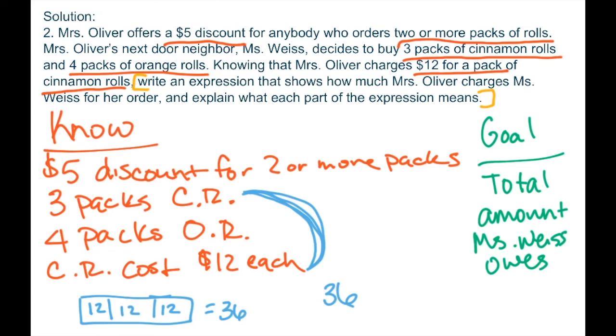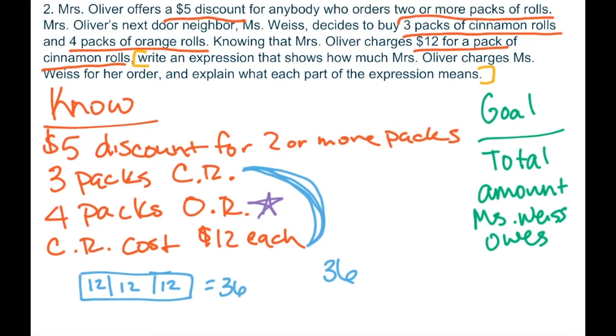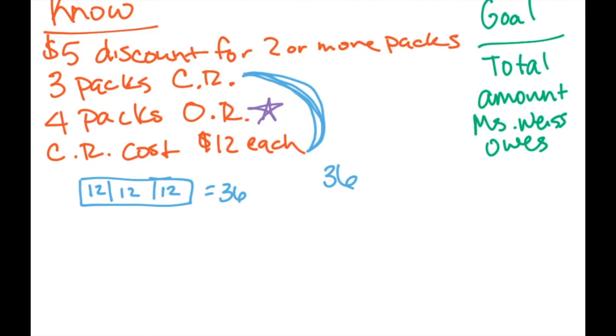Now what I don't know is how much the orange rolls cost. Well, since I don't know how much the orange rolls cost, I'm going to use a variable to represent that. So I'll just call it P for price.